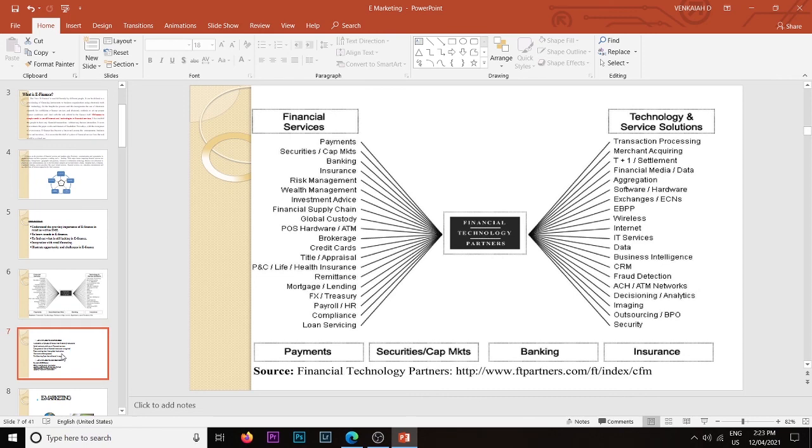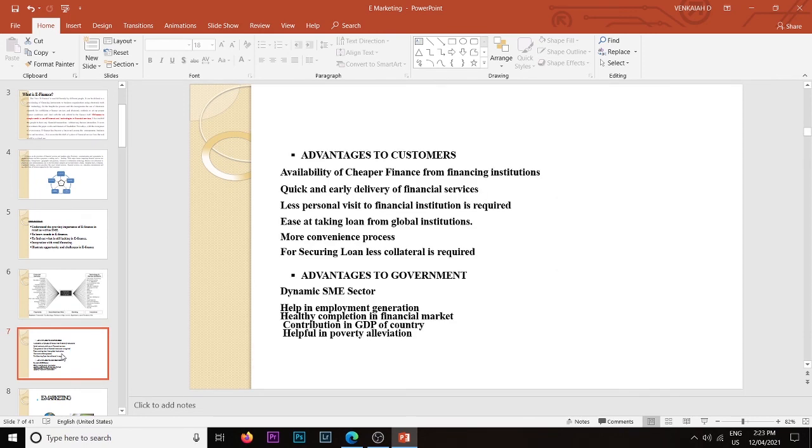Okay, now we will look at the advantages. Availability of cheaper finance from financing institutions. Even if you look at the bank account, just go to your PhonePe, and when you have a high balance, it will ask you to deposit or convert it into a fixed deposit, so that we can get interest even for a few days.